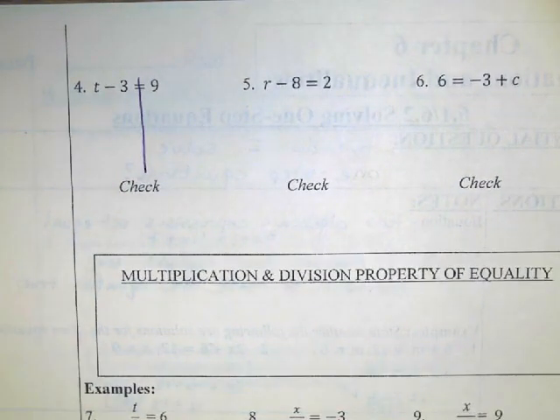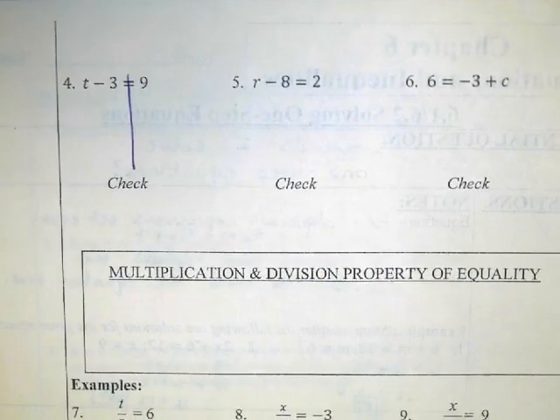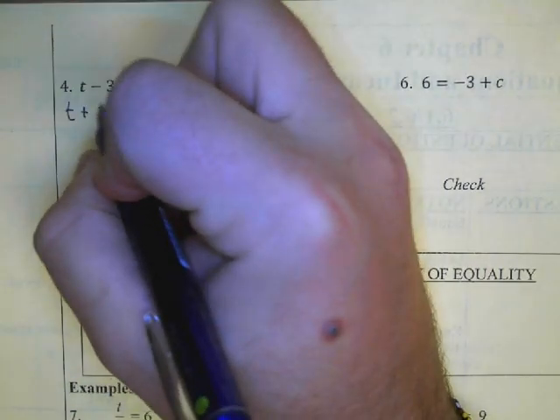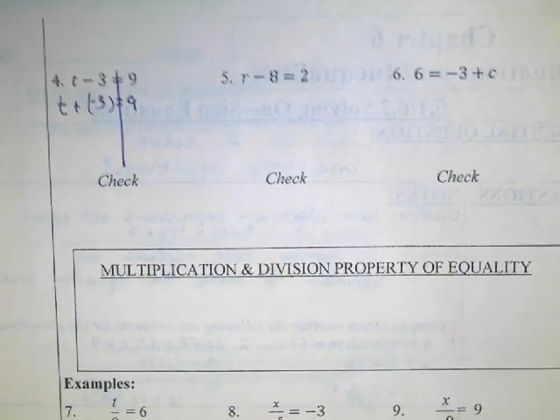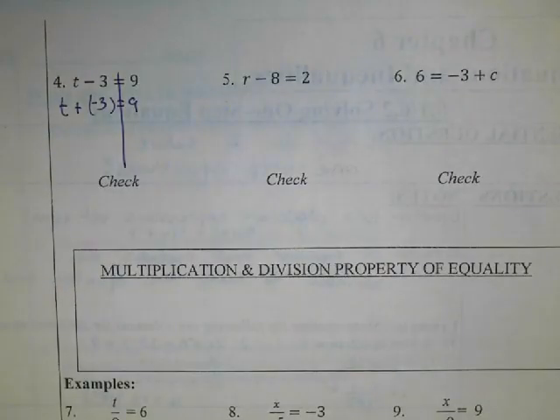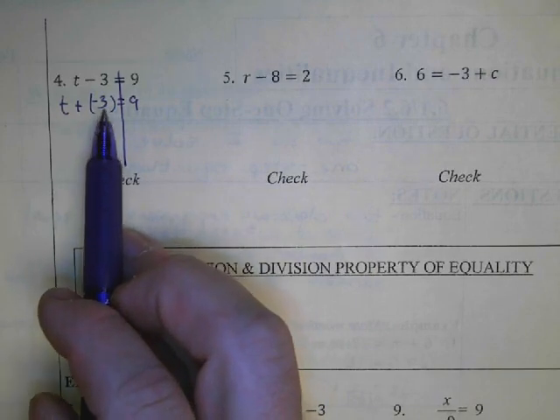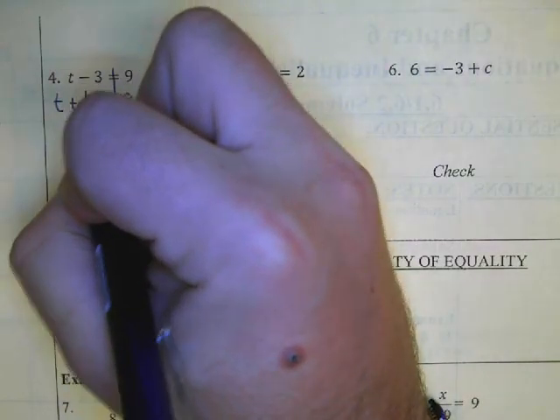And now, is there any keep, change I need to perform? Yes, there is. So we'll say t plus -3 equals 9. Now I want to add the opposite to both sides. So I'm going to use my additive inverse. What's the opposite of 3? Well, it's 3.